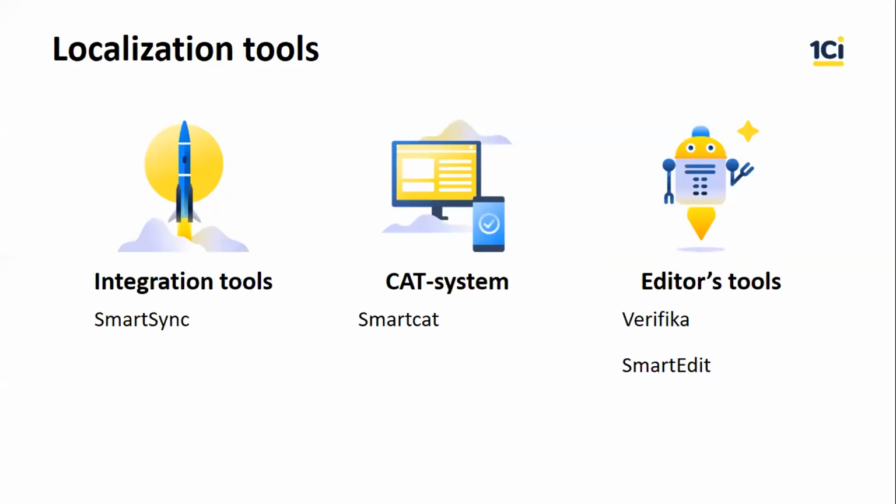We may upload existing translations to the CAT system or not. It has a variety of settings. Now it supports applications based on the 16th platform version. SmartSync also validates the application to make sure the localization standards are not violated. I've also mentioned SmartCAT, Verifika, and SmartEdit.